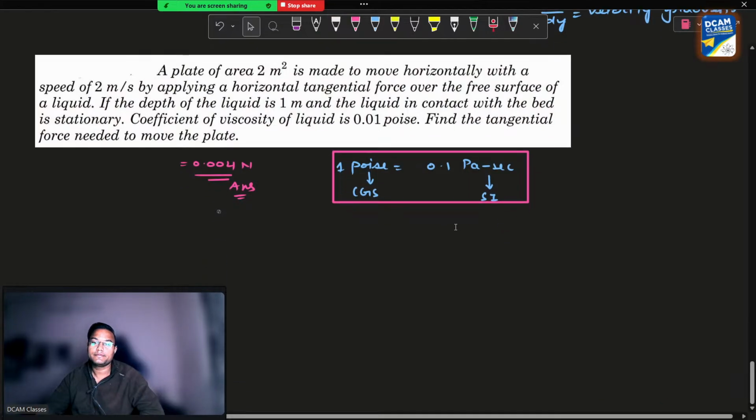Okay, correct. You have to remember this is important: one poise, the CGS system and SI system units. Acha, let me tell you the next one.